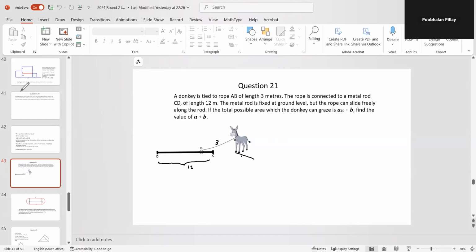Well, certainly you'll have the donkey. If this rope is at this point and you want to show how far it can reach, the donkey will go right to the end of the rope. Let's suppose it starts here, and then it wants to maximize it, so it's not going to make the rope loose.